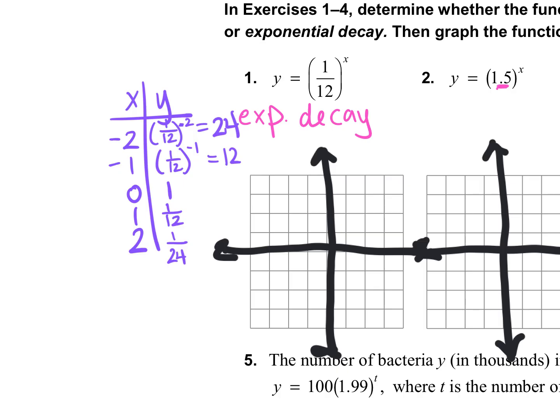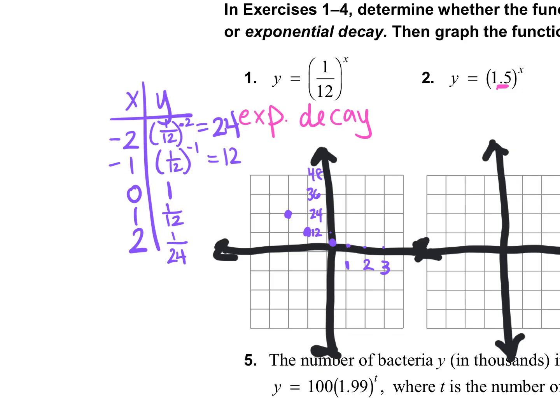So I'm going to go by 3, no, 4, 8, 12, nope. I'm just going to go by 12s, right? 12, 24, 36, and then 1, 2, 3, etc. Okay, so we're going to have -2, 24, -1, 12, 0, 1, 1.